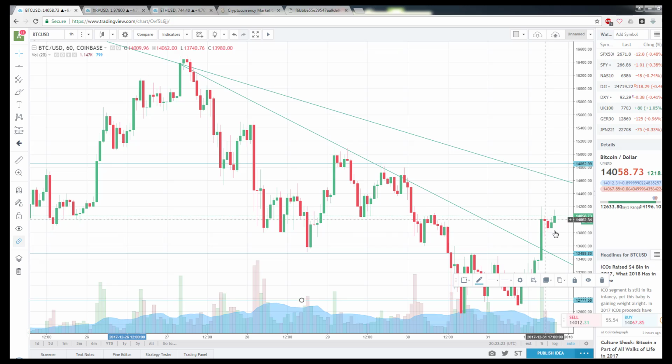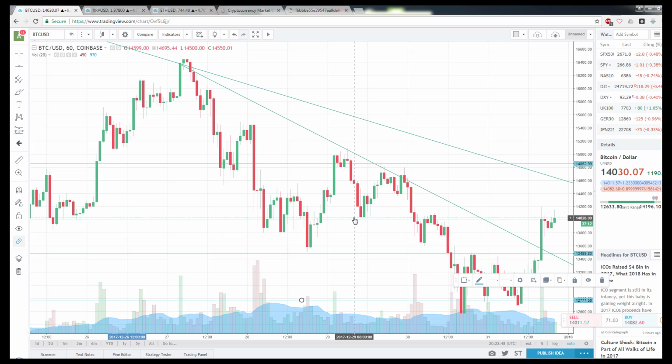Or you could also wait until it retraces to this trend line. If it does not, then it's a much riskier entrance at its current location, so you probably want to avoid that as well. If you're a long-term trader and you want to get some more funds into Bitcoin, you could enter right here at the current time and price.